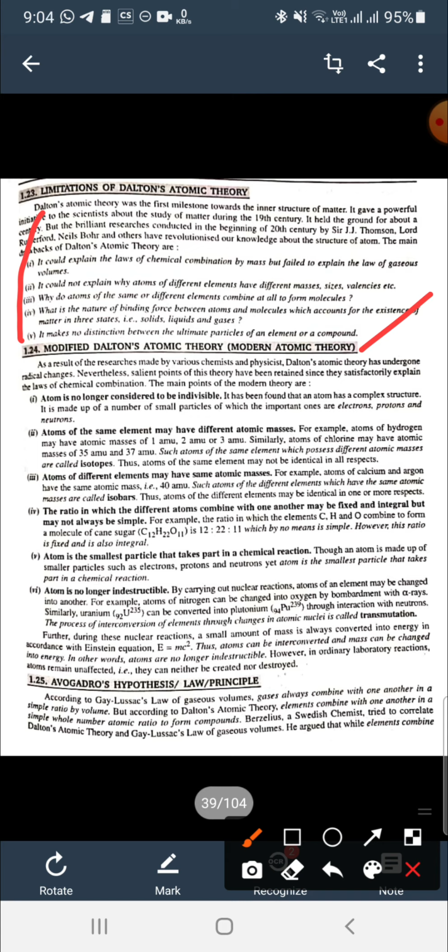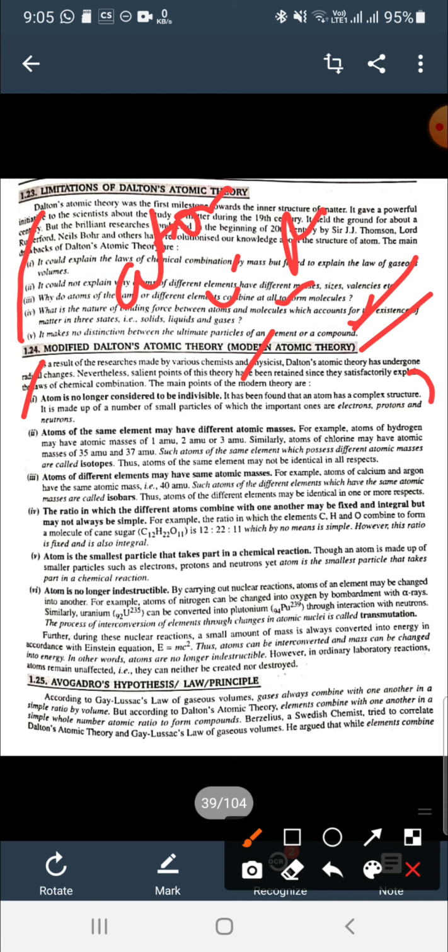So you can say the modified Dalton atomic theory, that is the modern atomic theory, is given again. The atom is no longer considered to be indivisible. Firstly, they considered the atom as indivisible, but some theories have come that told us that the atom consists of electron, proton, neutron. So this is the first point.